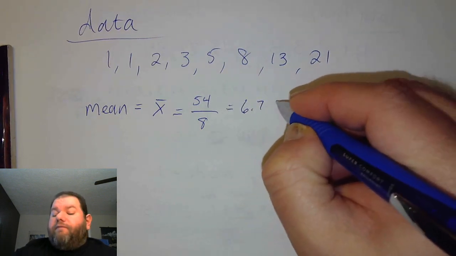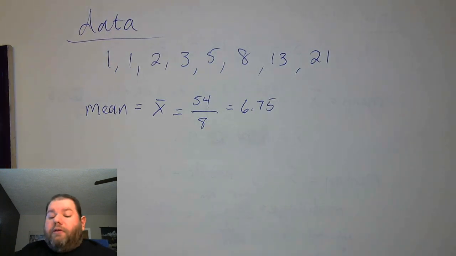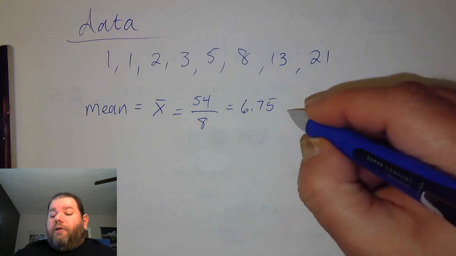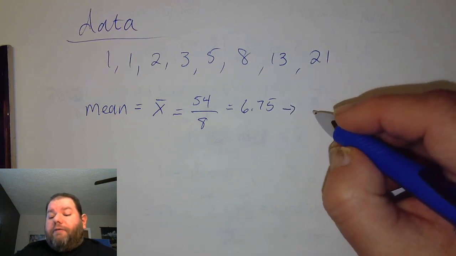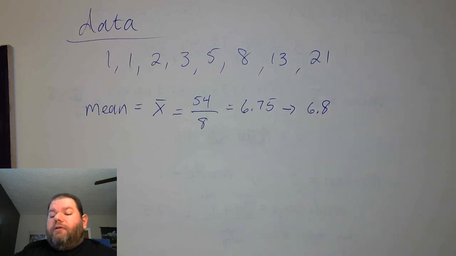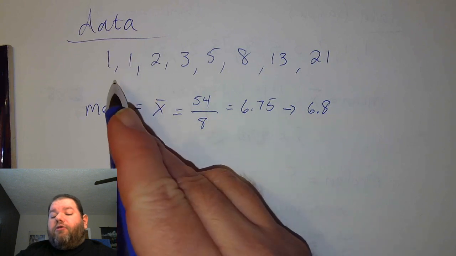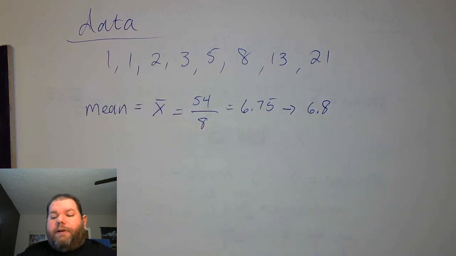Or 75, I'm sorry. Now again, I said we would prefer to round this to one decimal place rather than have it 2 places. So we can say it's 6.8. Again, because all of our data is whole numbers, we want to round to one decimal place.